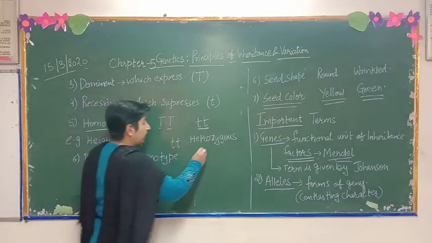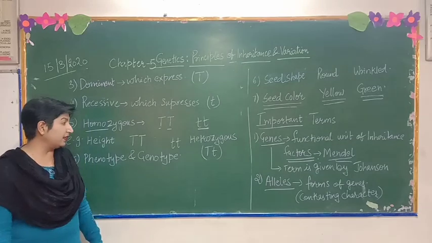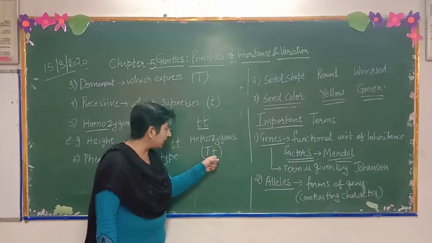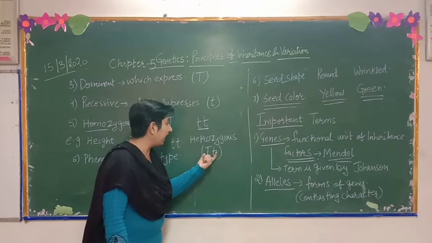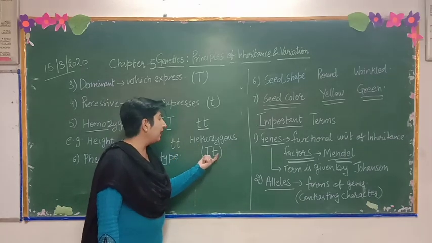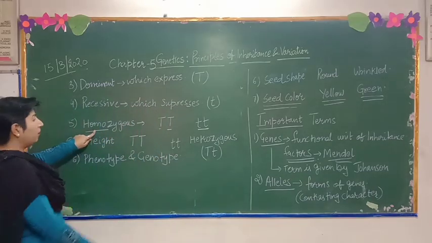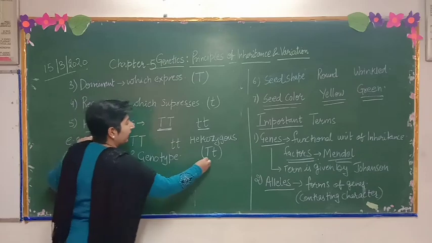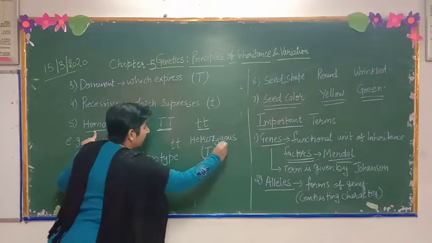Heterozygous means in which both the genes are different. That means one is capital, which is dominating in nature, and the other one is recessive and small. Hetero means different. So this is called heterozygous condition. Homo means same, either both capital or both small, and hetero means different, one capital and one small.